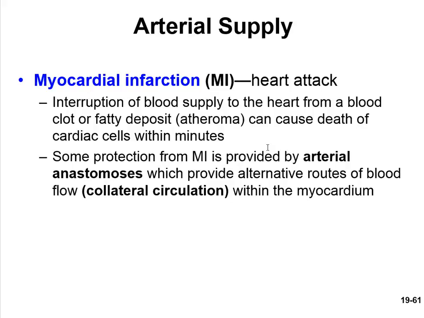That's the interruption of the blood supply to the heart from a blood clot or a fatty deposit called an atheroma. This can cause death of cardiac cells in minutes. The heart does have some built-in protection from MIs provided by arterial anastomoses, which provide alternative routes for blood flow.